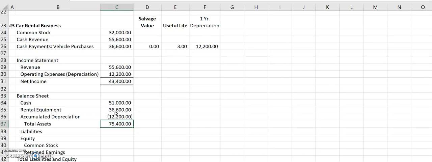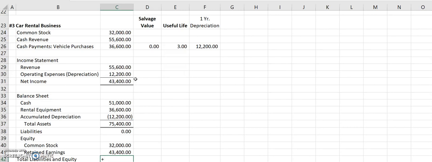Our total assets are $75,400. We still don't have any liabilities. And then again, within our equity, our common stock is going to be equal to what we sold in shares. And our retained earnings began the year with nothing. We generated a net income and did not pay any dividends, so our ending retained earnings is equal to our net income for that given year.